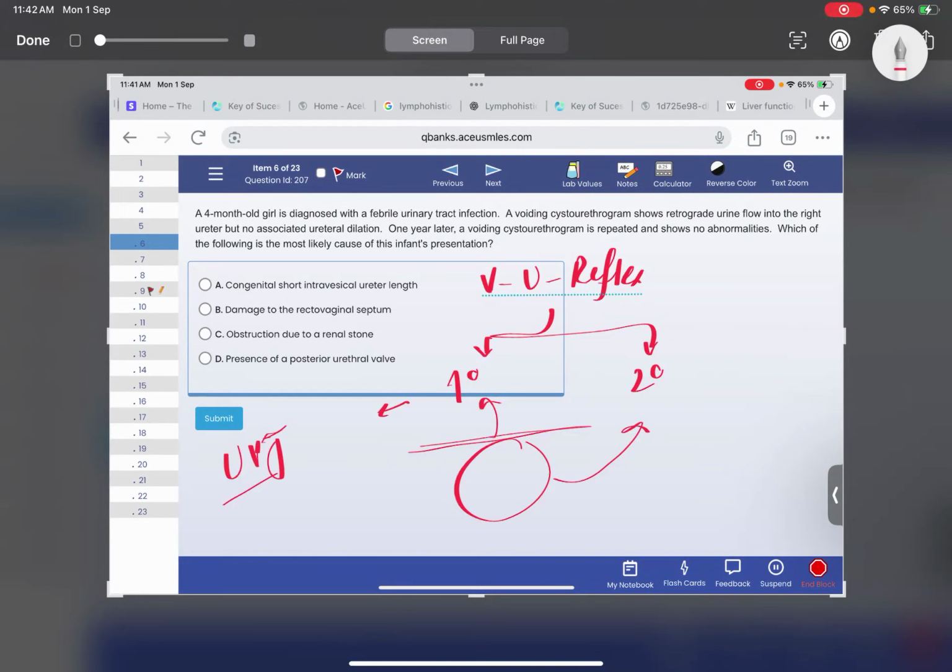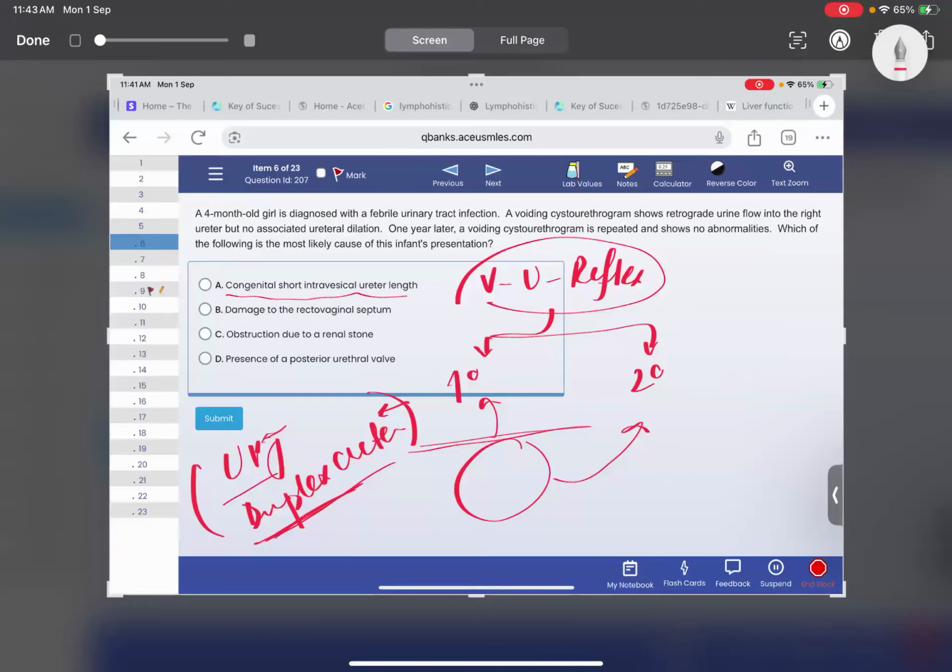Obstruction, duplex ureters, they are not well placed, right? So they will be causing vesicoureteric reflux, and congenital short intravesical ureter is causing primary vesicoureteral reflux.